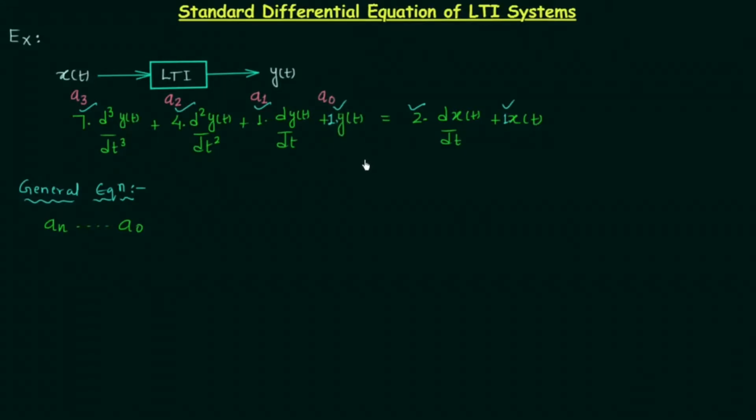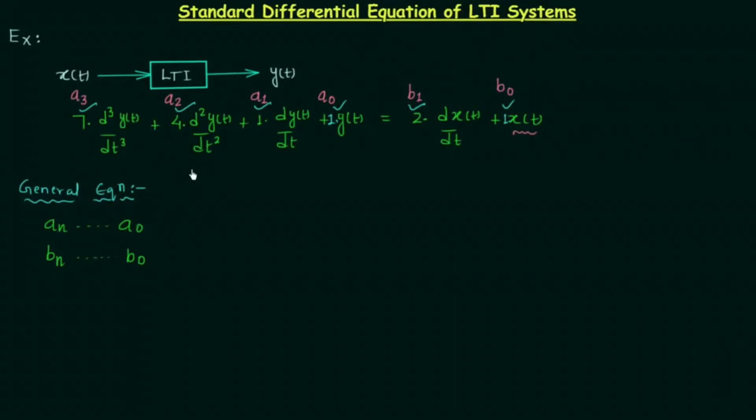In the same way, we will have the representations for the coefficients on the right hand side, and this time I will choose letter b. So we have b sub n to b sub 0, and if you see the example, this 2 here is represented by b sub 1 because we are performing the differentiation of the input 1 time, and this 1 here is represented by b sub 0 because we are not performing any differentiation here. It is simply the input x(t).